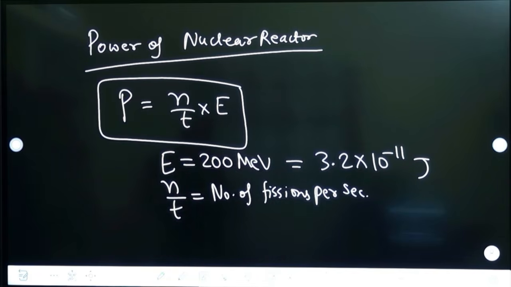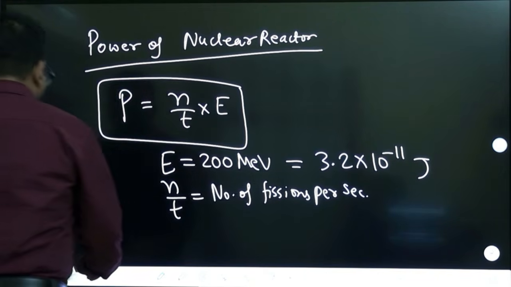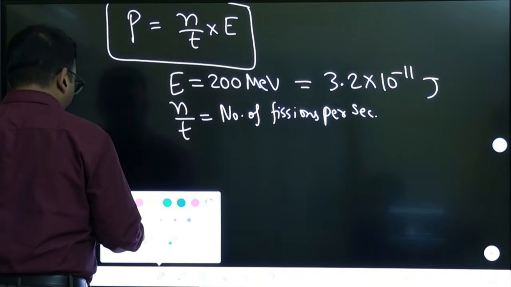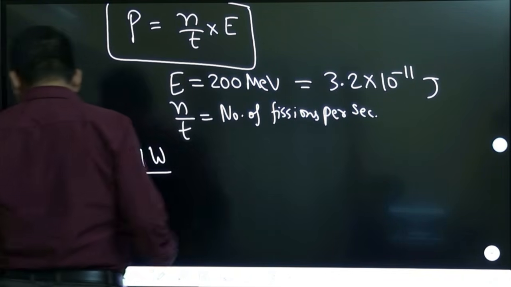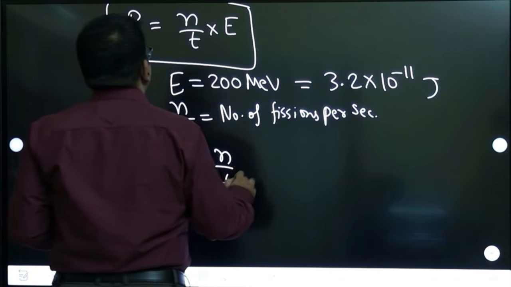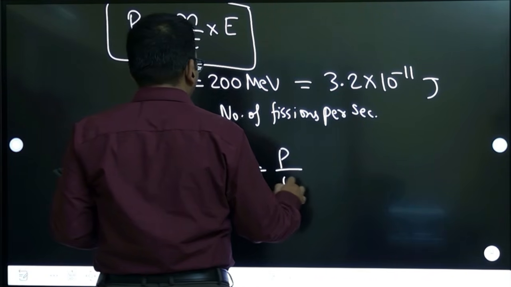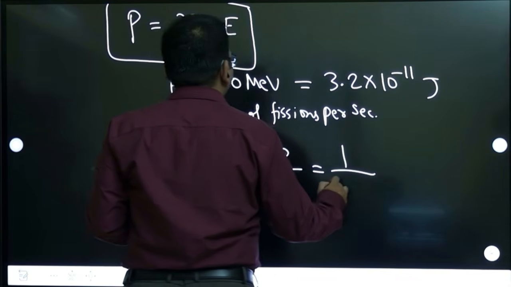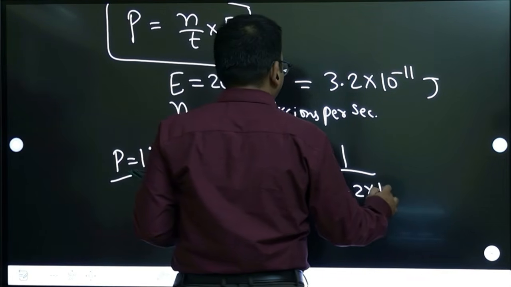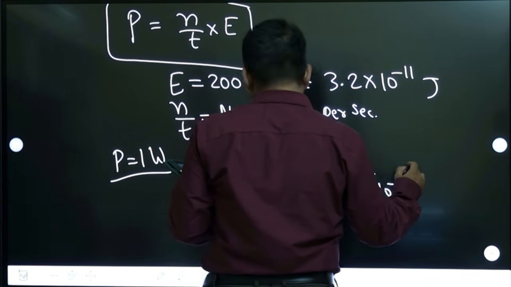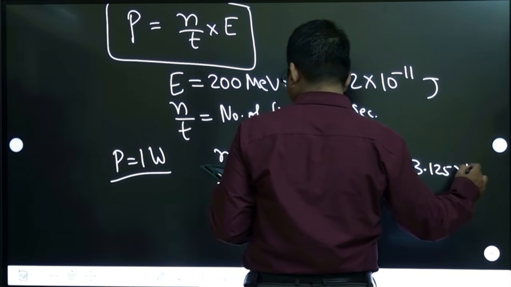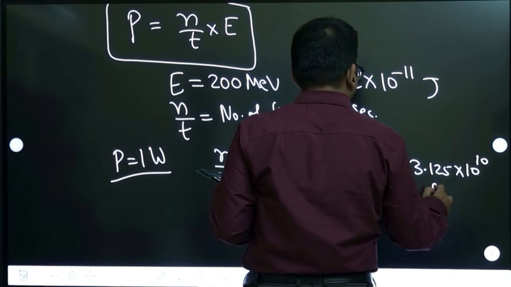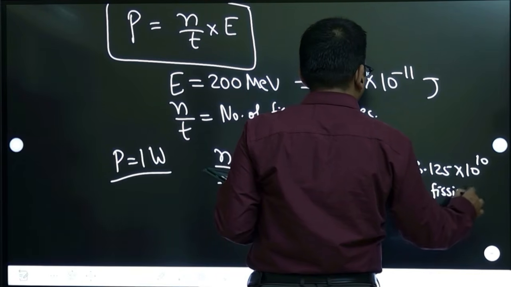Okay, suppose I want to produce a power of 1 watt, so N by t will be P by E. So 1 by 3.2 into 10 to the power minus 11, you calculate, we need 3.125 into 10 to the power 10 fissions per second.